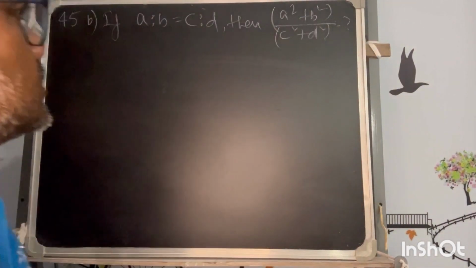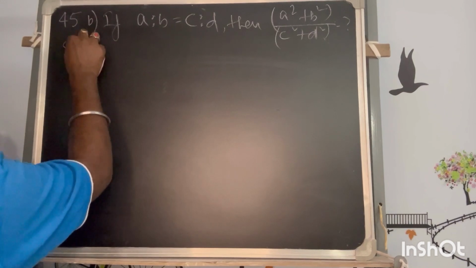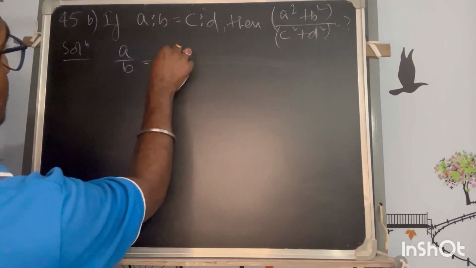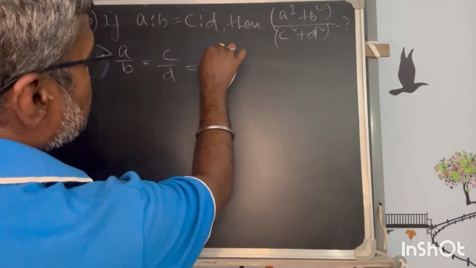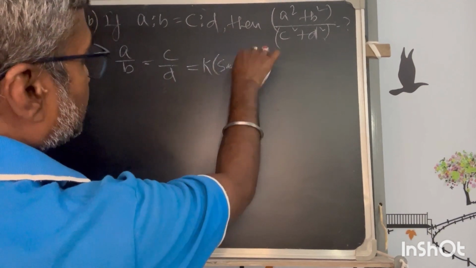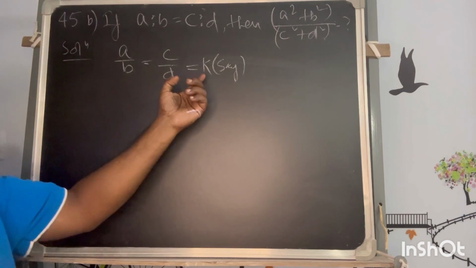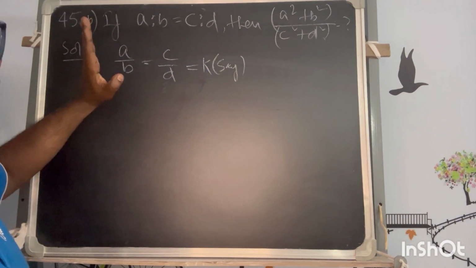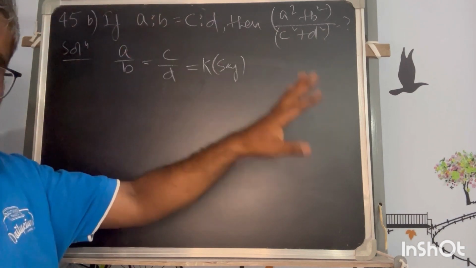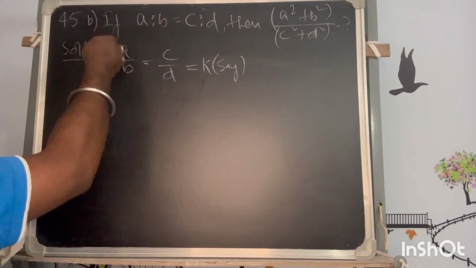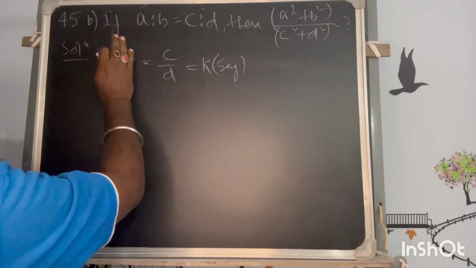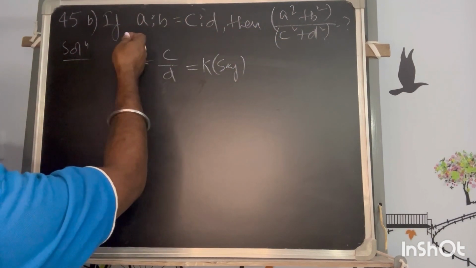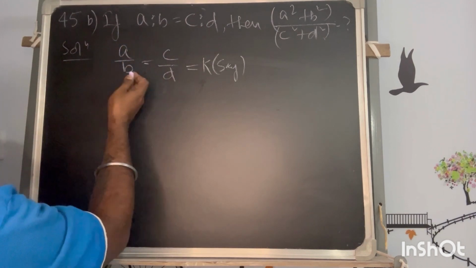So let us start the problem. Now if these ratios are the same, we can take these ratios equal to some constant k. This kind of method is easier for converting the variables in terms of other variables, because their ratios are the same, c could be some multiple of a and d the corresponding multiple of b.